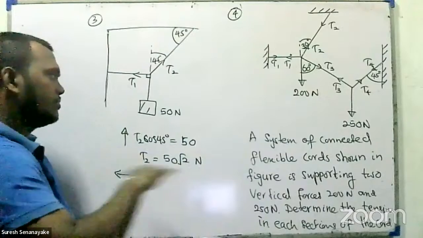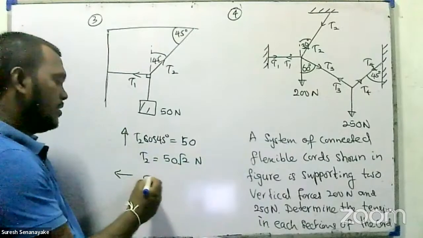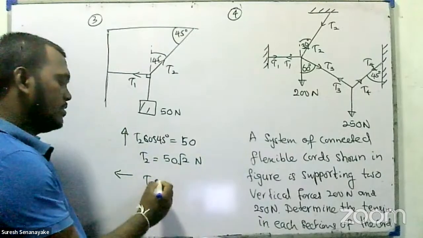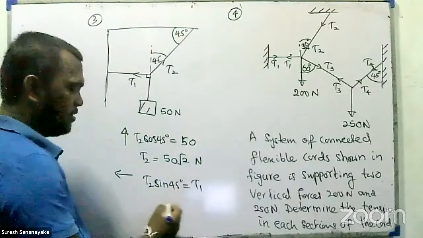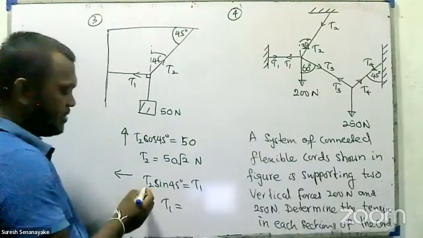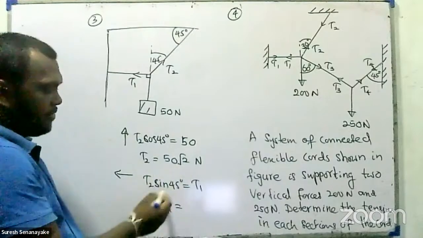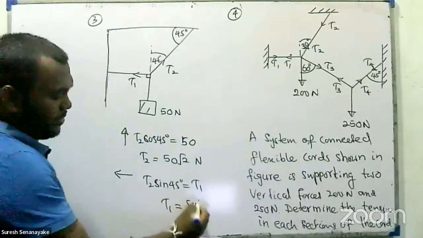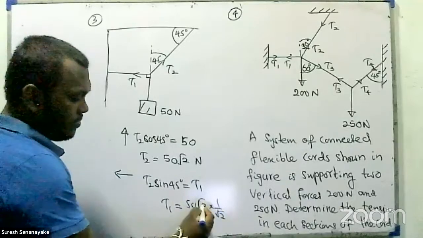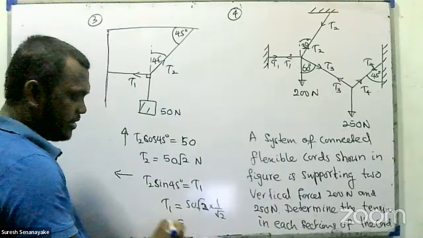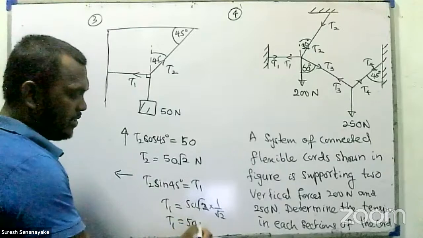And horizontal, T2 sin 45 equals T1 here. So T2 is 50 root 2, then 50 root 2 into sin 45, root 2 cancels, then T1 equals 50.